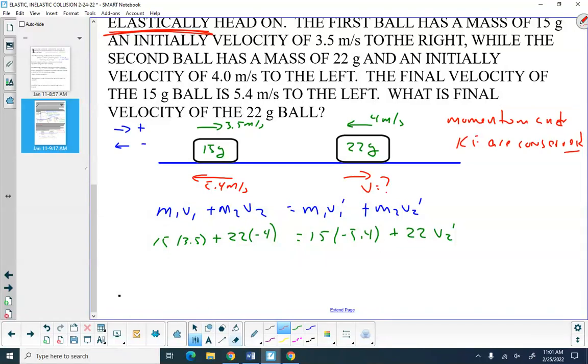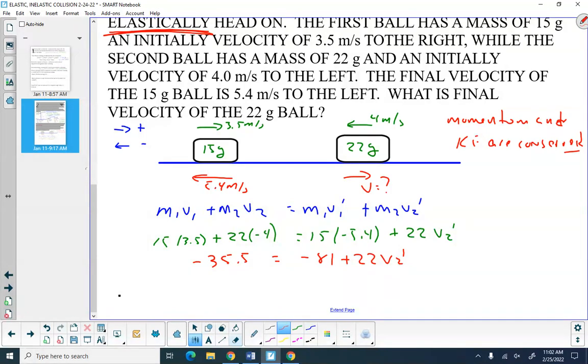Negative 35.5 on the left. Times 5.1, you get 81.